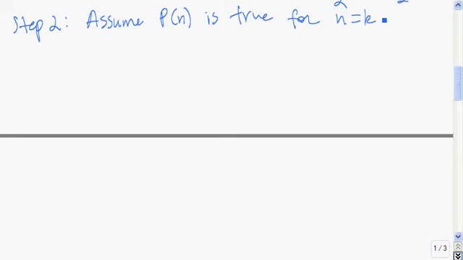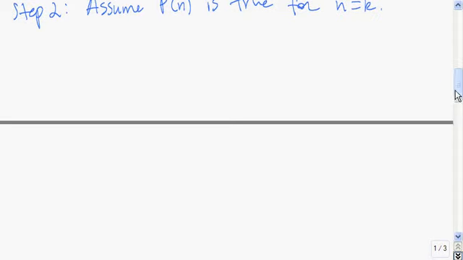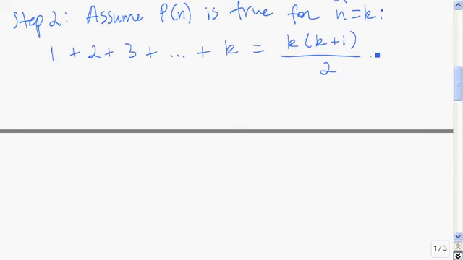Okay, step 2 of mathematical induction begins with assuming P of n is true for n equals k. That means that if we sum the first k numbers, it's equal to k times k plus 1 divided by 2. Okay, so we're assuming that this is true, and we need to deduce that P of n is true if n equals k plus 1.